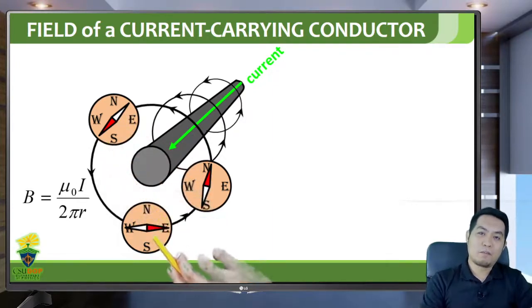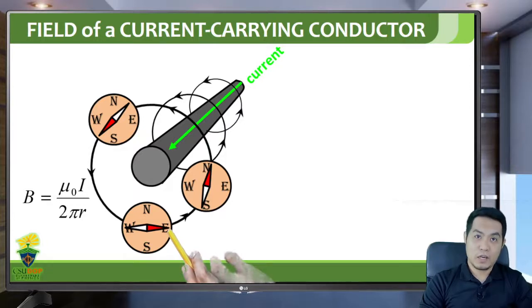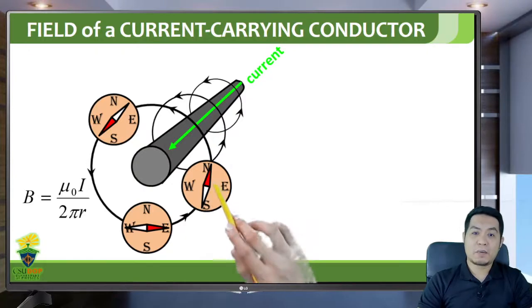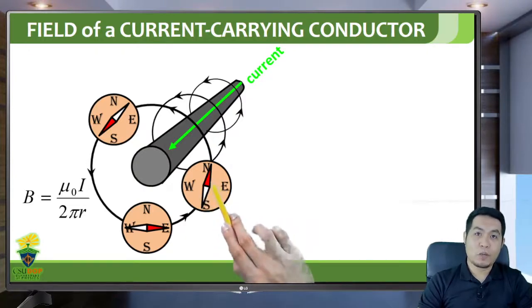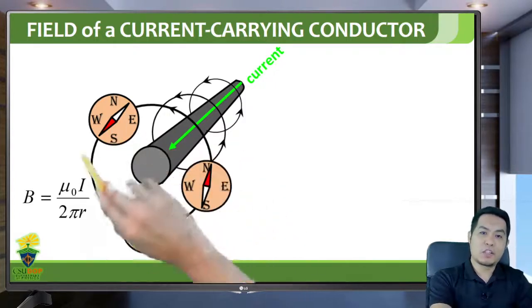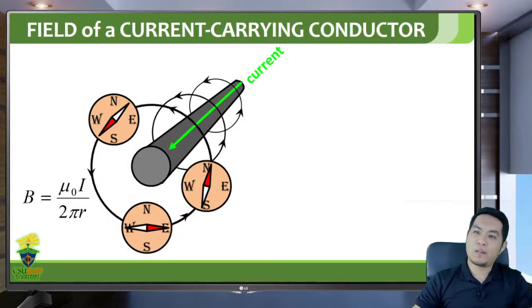If you place the compass here, the needle will point east, implying that the magnetic field at this point is also pointing east. Here, the needle will point north, implying that the magnetic field at this point will point north. So it's actually forming a circle, curling around your wire.